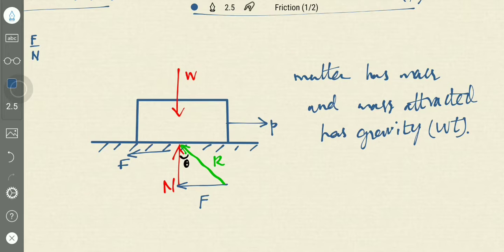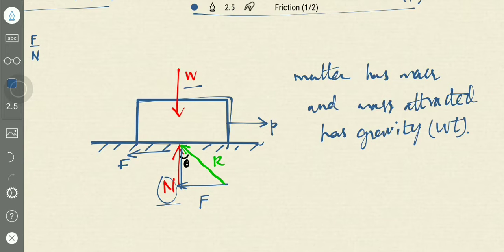If a body is resting on a surface, and the body weight is W, the surface exerts a reaction N, which is equal to the weight of the body.